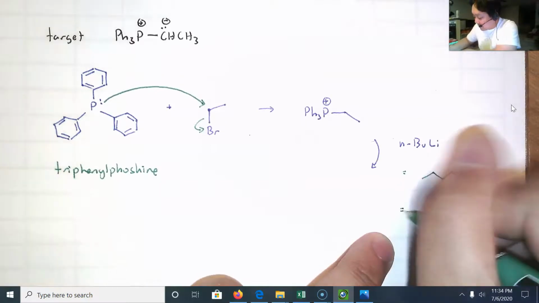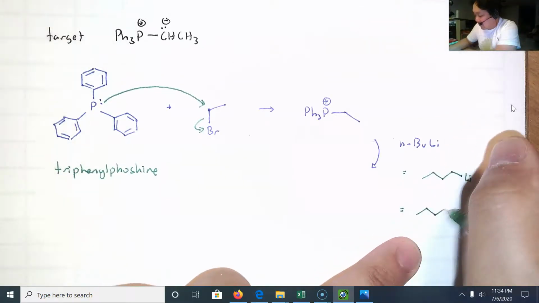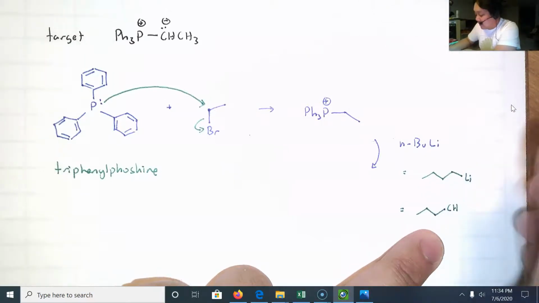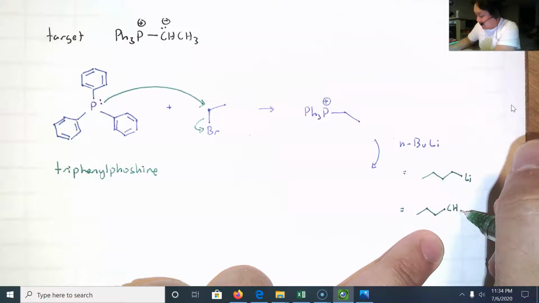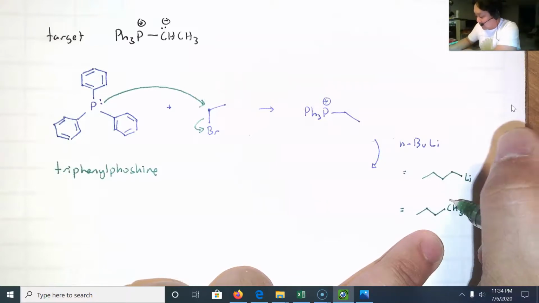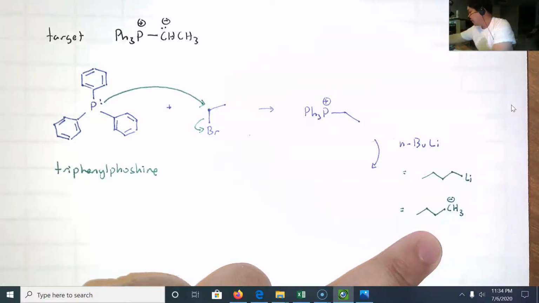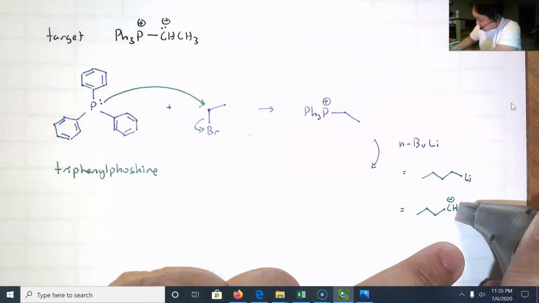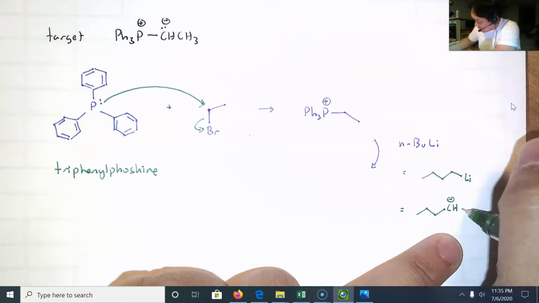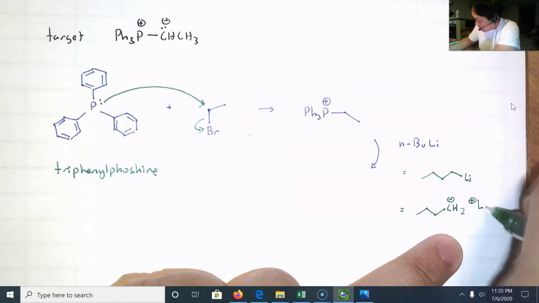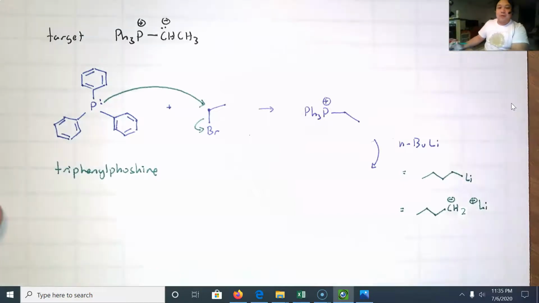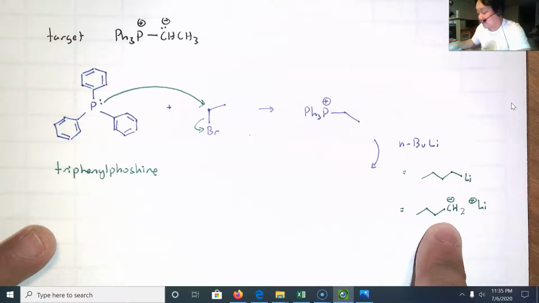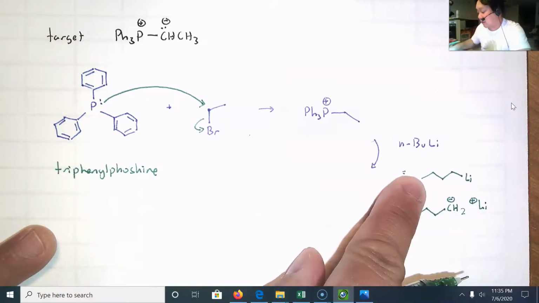Another way you could think about this, there are shades of gray, and some people think this is a covalent bond. Other people think that it's more ionic. Either way, the main point is it's a very strong base. You know that this is a strong base, and this is another way to draw what I drew down here.